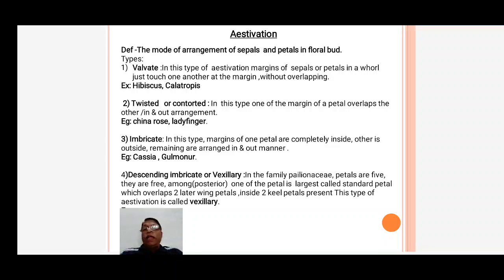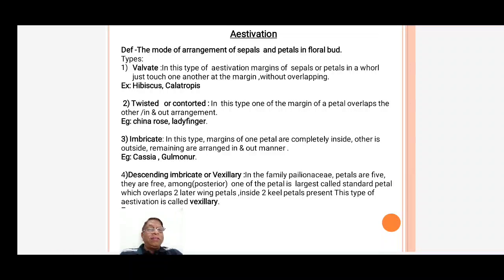Okay. Next, twisted or contorted. In this type of estivation, example first, let us see. Lady's finger, China rose. In this type of estivation, one margin of the petal or sepal overlaps the other.